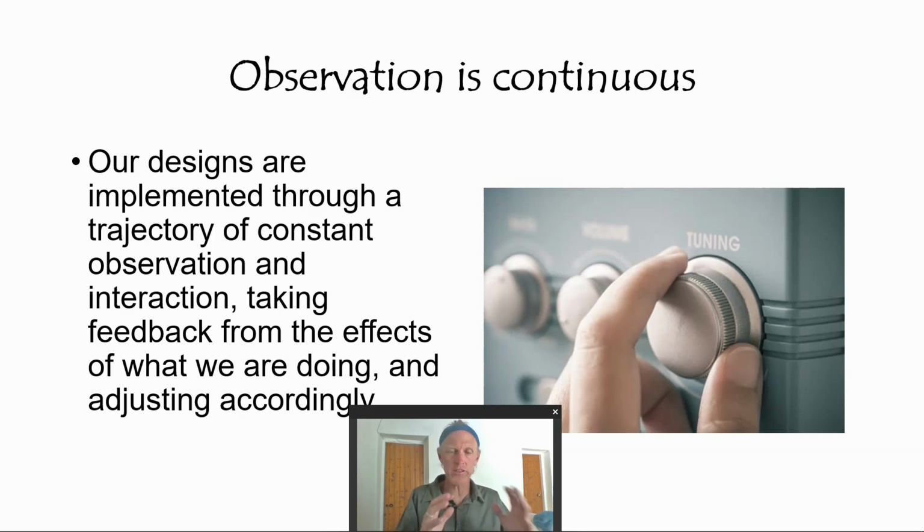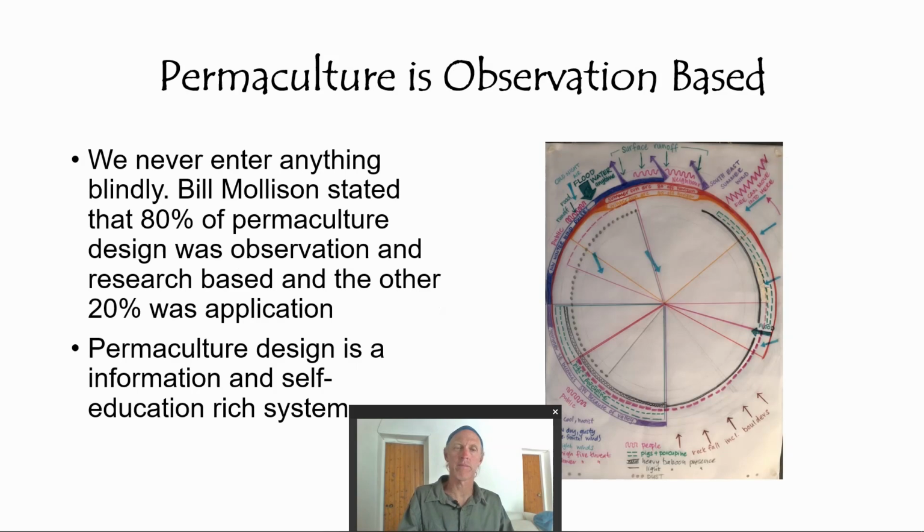So we are constantly taking feedback from our systems and our surrounds and from the people involved in our lives, and we are adjusting our designs and our systems and our approaches and our strategies accordingly, all based on observe and interact. It's a continuous process.